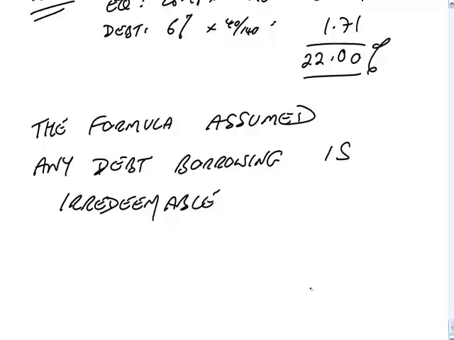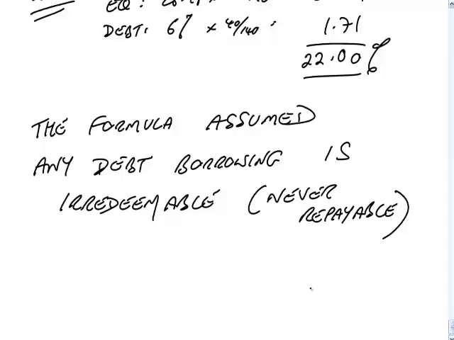In case you've forgotten the word, irredeemable means never repayable. So you borrow, you pay 8% or whatever a year forever. The debt never needs repaying. All right? Clear?